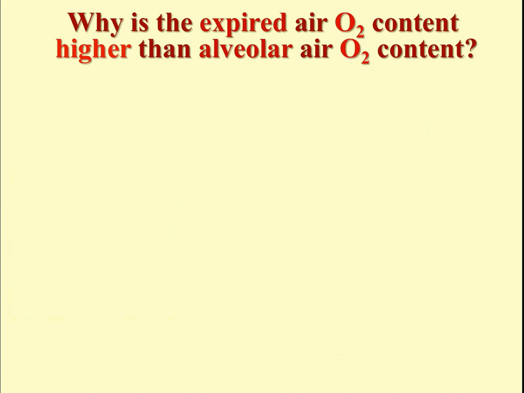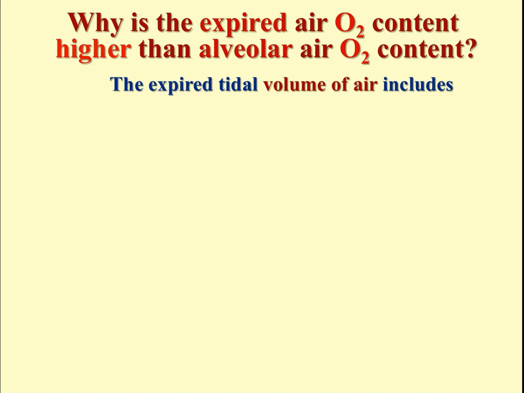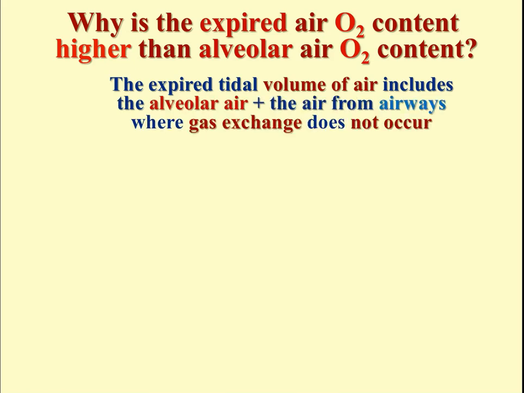Let's first consider why we have the difference between expired air content of oxygen and alveolar air. Why the expired air contains more oxygen than alveolar air. Let's recall what is the inspired and expired air.